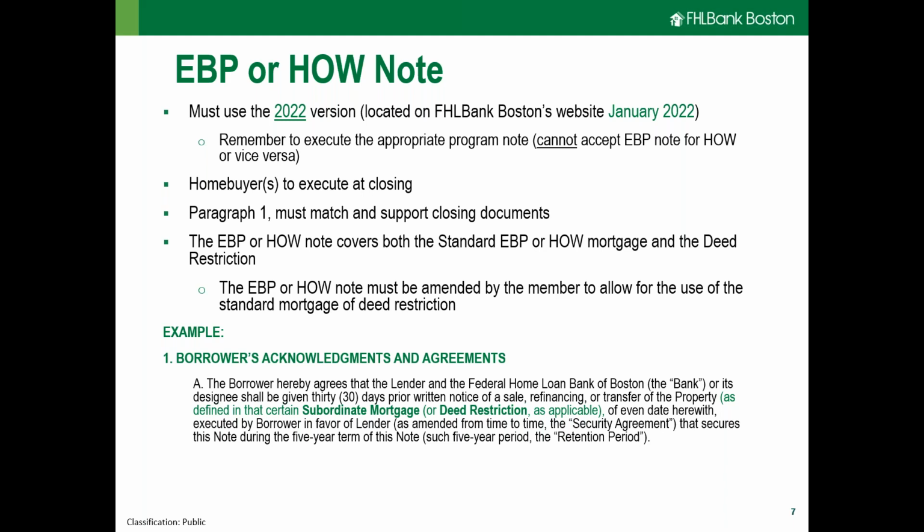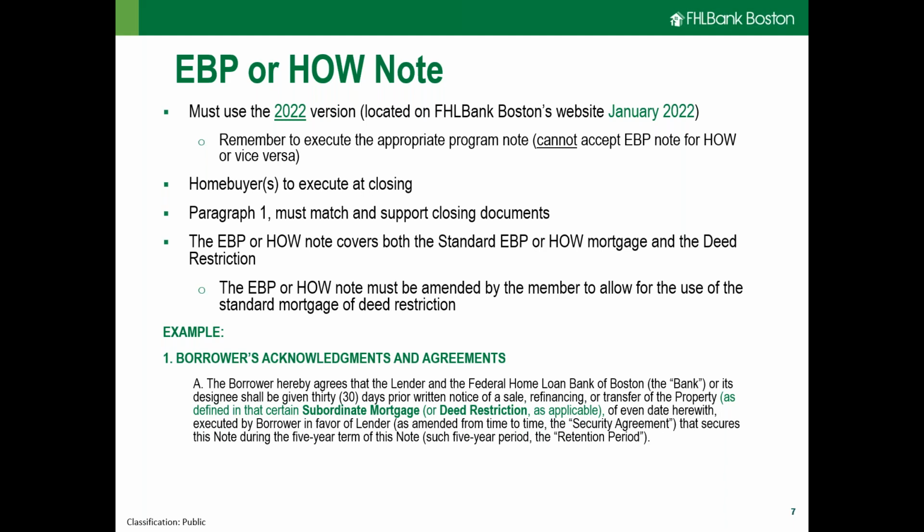They're very specific about EDP being for certain income thresholds, as well as the HOW program being for higher income thresholds. Making sure that your home buyers execute at closing, making sure that your names, your addresses, the grant amount, everything matches in the supporting closing documentation.